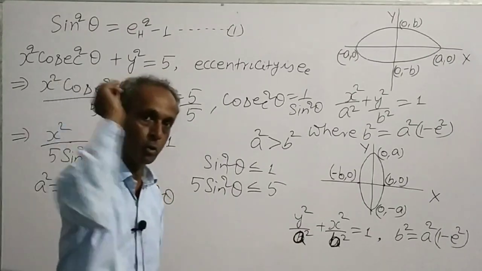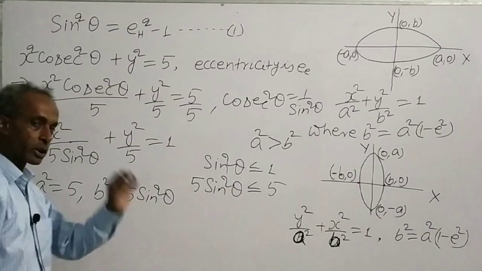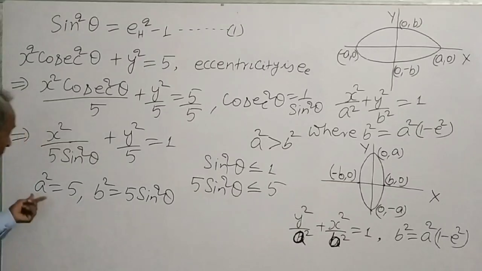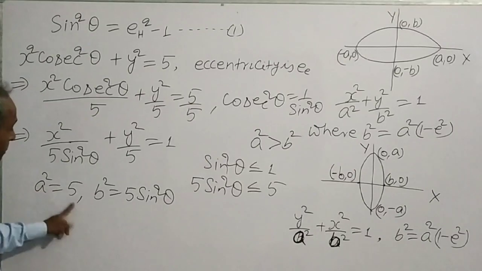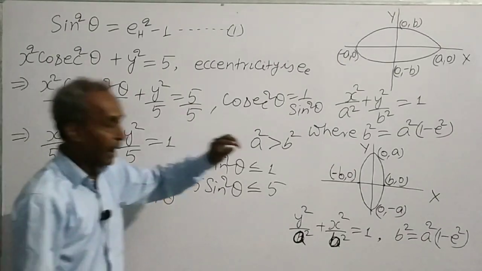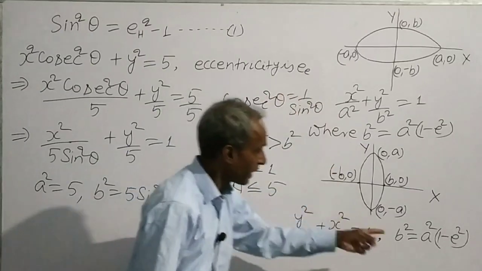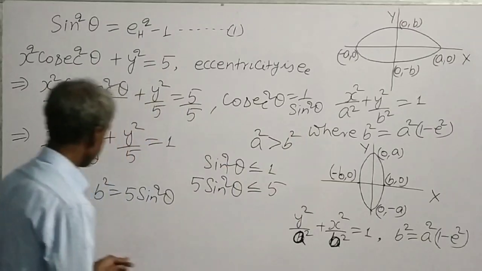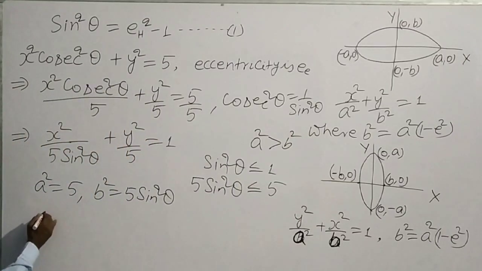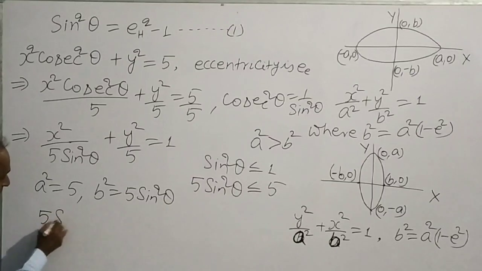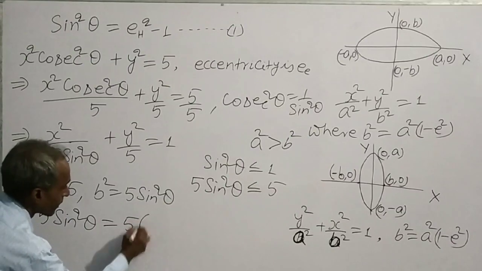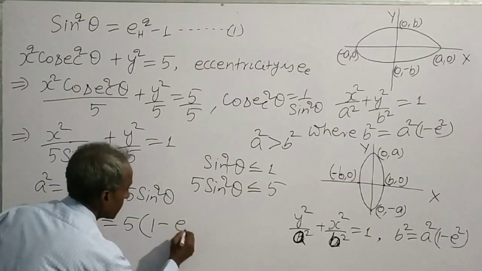Putting these values of a square, b square and e in place of eccentricity in this relation, we get 5 sin square theta is equal to 5 times (1 minus e square).